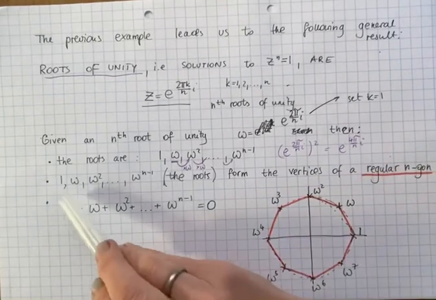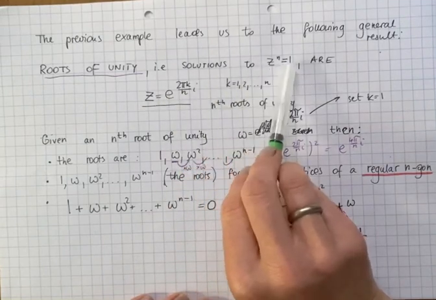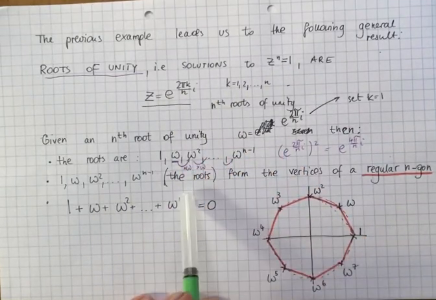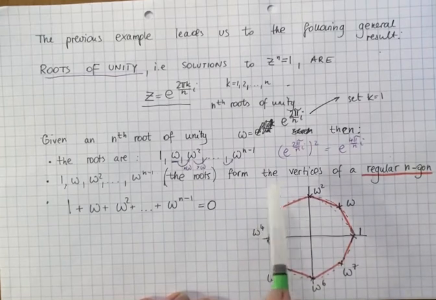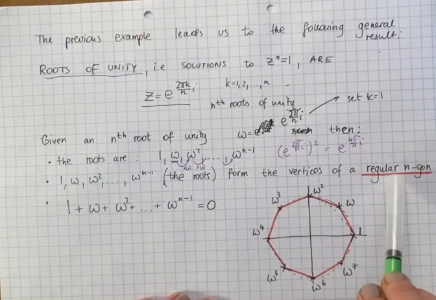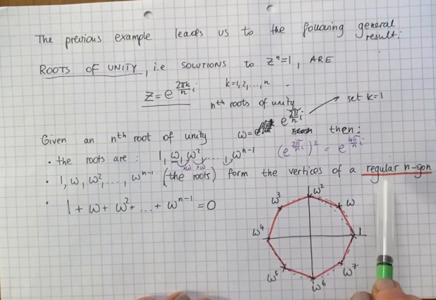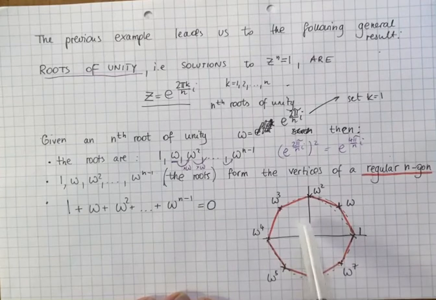Now, if you were to plot all the solutions to the equation z to the power of n equals 1 on an Argand diagram, you would draw a regular polygon. It's called n-gon in the book, but it's a regular polygon with n vertices.